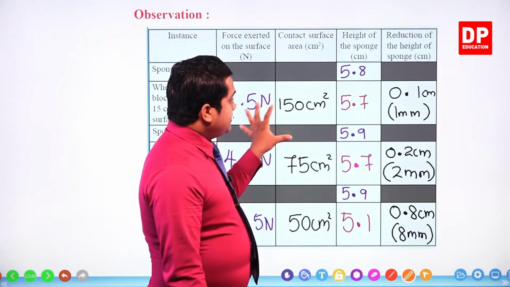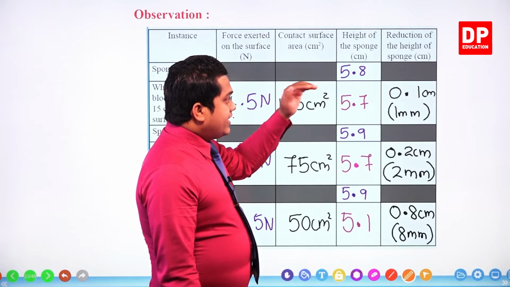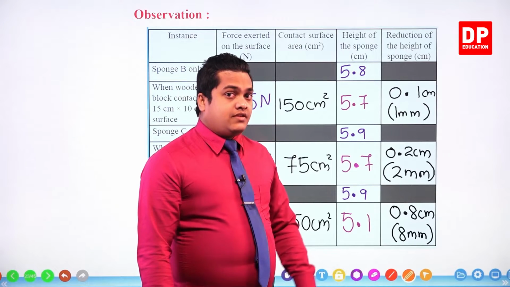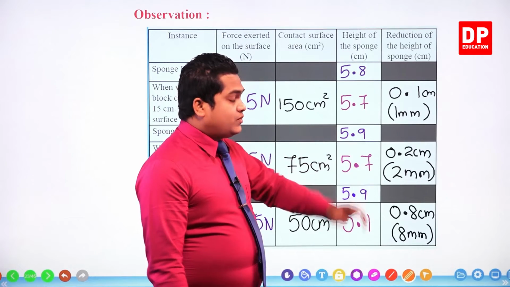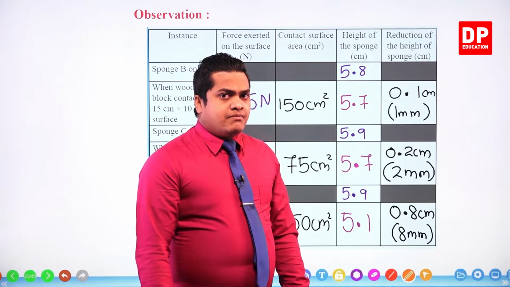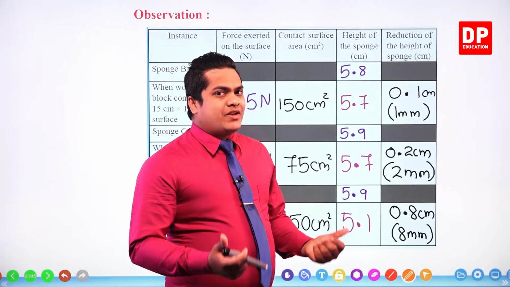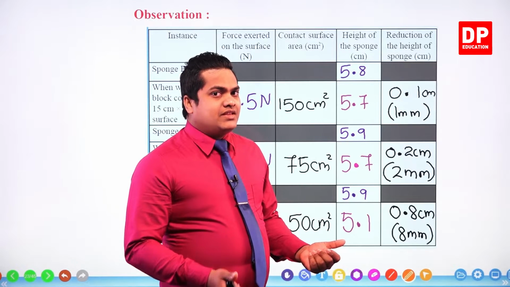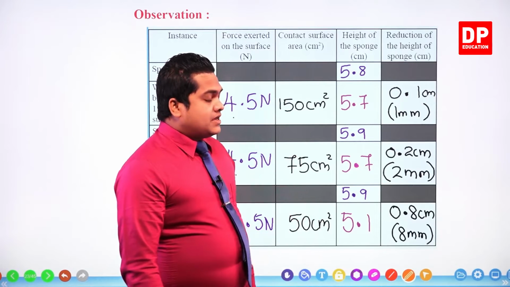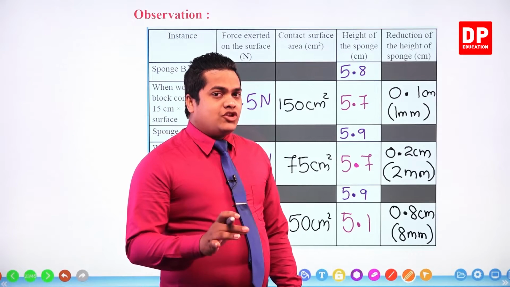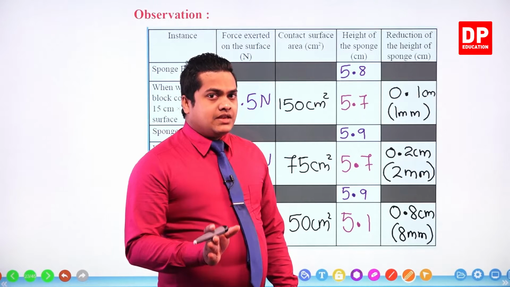When there is high surface area, the reduction in height of the sponge is very less. What is the reason? Because less pressure is getting exerted when the surface area is high. So, when less pressure is being exerted, the tension given out is also less.